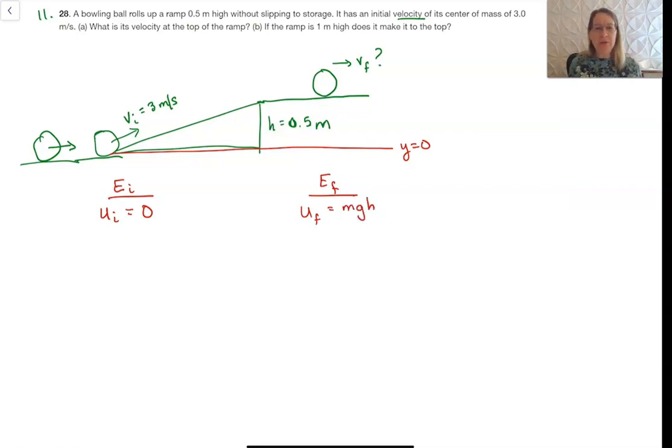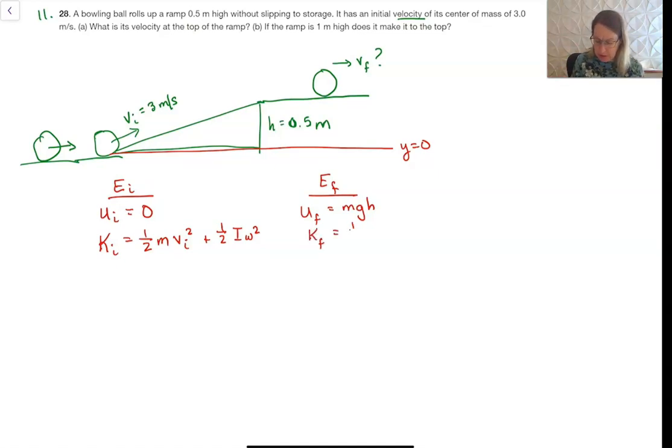Our initial kinetic energy is 1/2 m v of the center of mass, this v initial squared, plus the rotational piece, 1/2 I omega squared, because the ball is not sliding, but it's translating, moving up the incline and rotating. So we've got both of those pieces. And the same thing happens in the final situation.